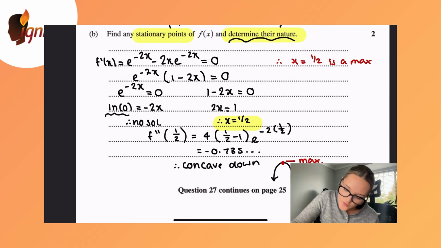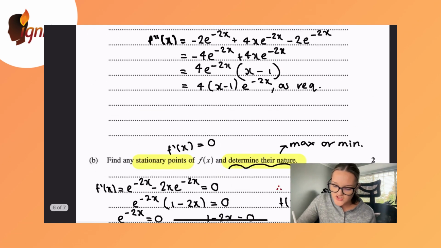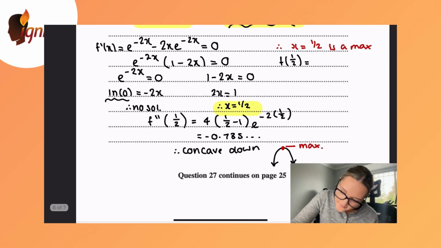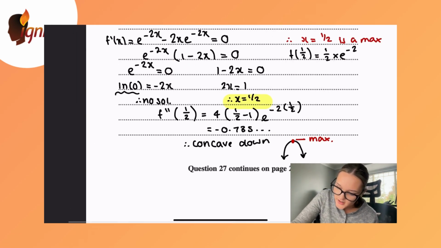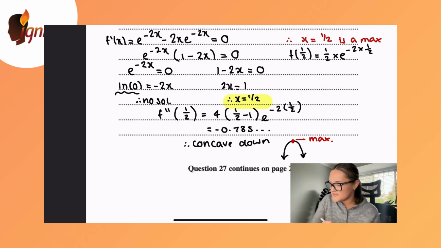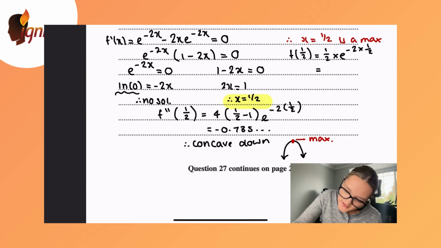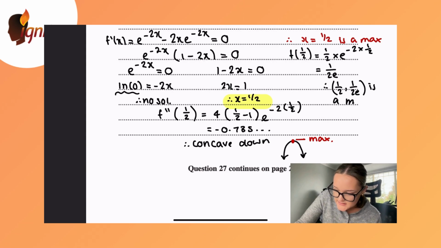So to find the coordinates, you'd sub x = 1/2 into your regular f(x) function, which is 1/2 times e^(-2 × 1/2), which once we simplify that down, we get 1/(2e). So we have a stationary point at (1/2, 1/(2e)), which is a maximum.